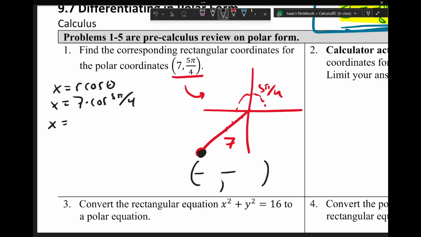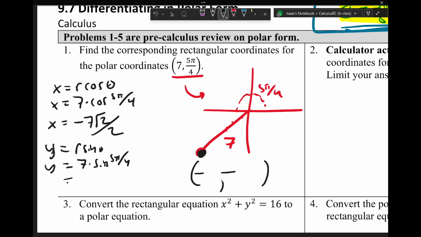This would be negative square root of 2 over 2. Okay, somebody else tell me what was the formula for y? Okay, r sine theta. So in this case, 7 times the sine of 5 pi over 4, which is also negative 7 square root of 2 over 2.